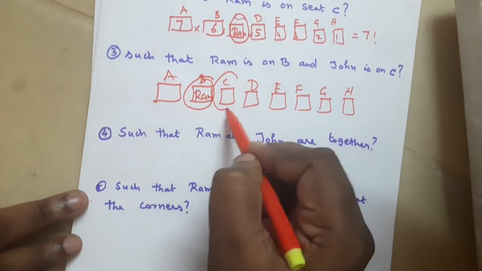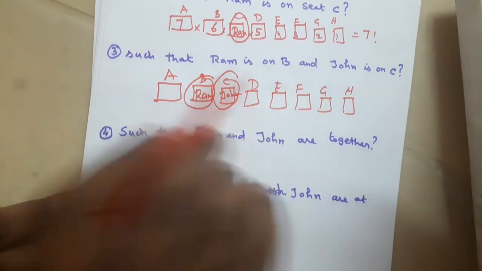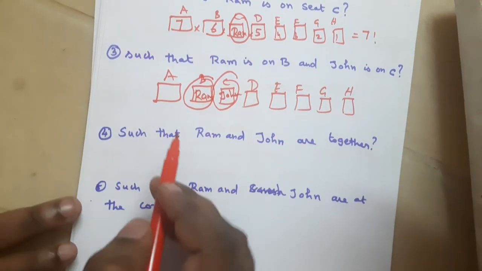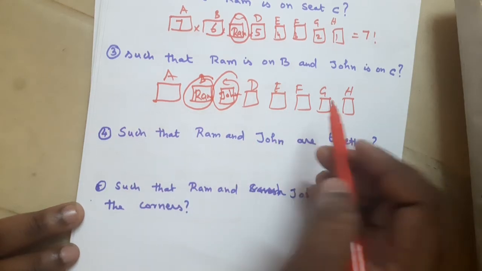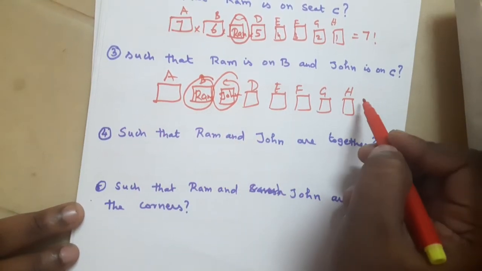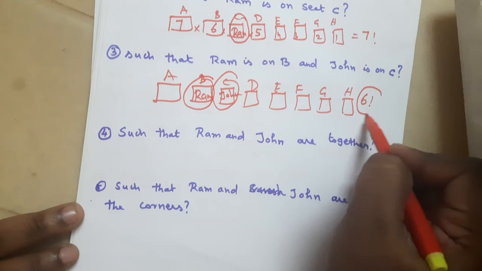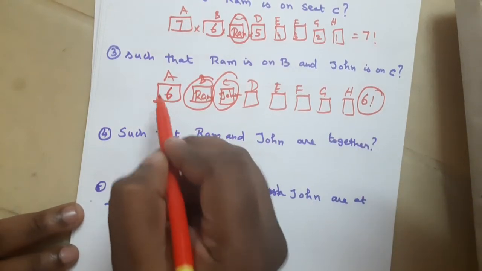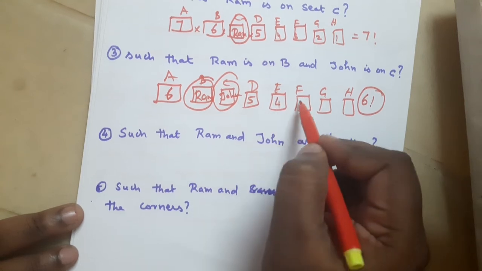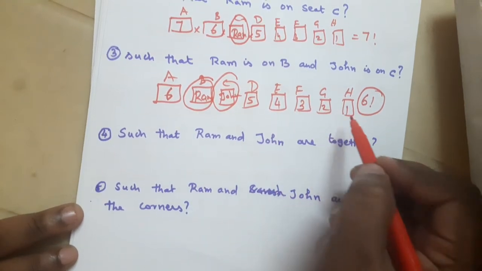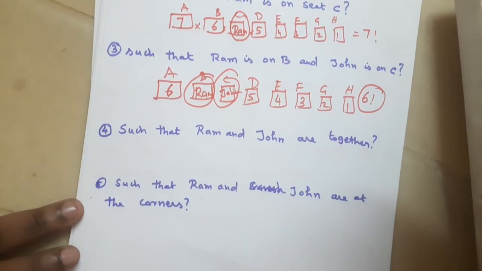In C, John. So they are sitting. The remaining are only 6 seats and 6 children. So the answer is 6 factorial, because in A 6 ways, in D 5 ways, and E 4, F 3, G 2, H 1.